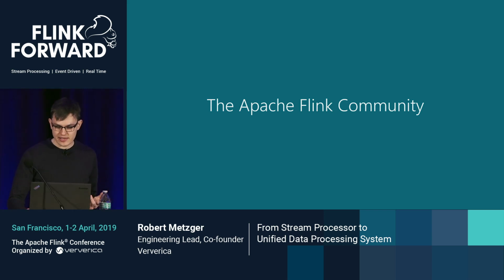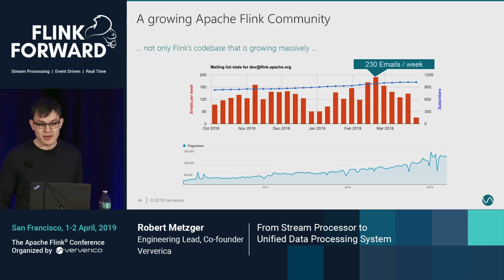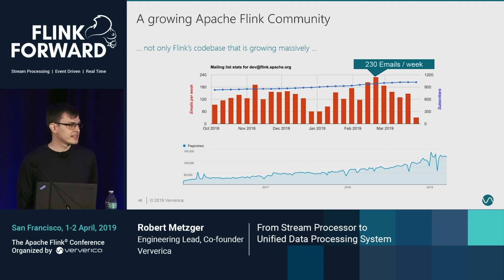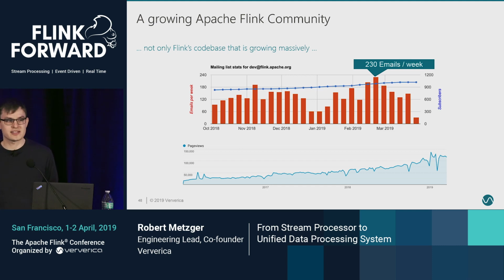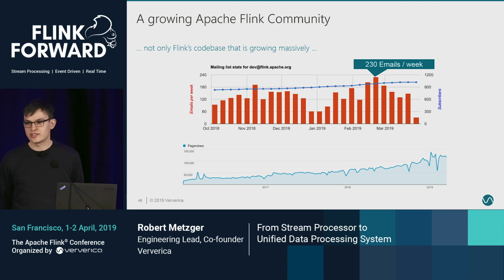And I would like to take a quick look at some numbers of the Flink community, and I've picked 2. One is the activity on the development mailing list of Flink, because I think this number indicates the activity of the overall developer community. It shows how much is going on in discussing changes to Flink, in discussing changes in the community, how we want to evolve it.